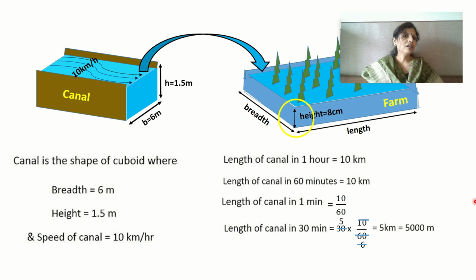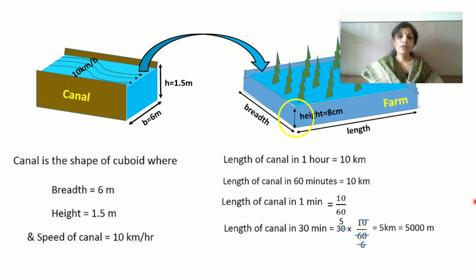So for the canal, we have breadth, we have height, but we don't have length. But for length, we will consider one thing, that the water flows through the canal in 1 hour 10 km distance. So length of the water in the canal in 1 hour is 10 km. So length of canal in 60 minutes time is 10 km.